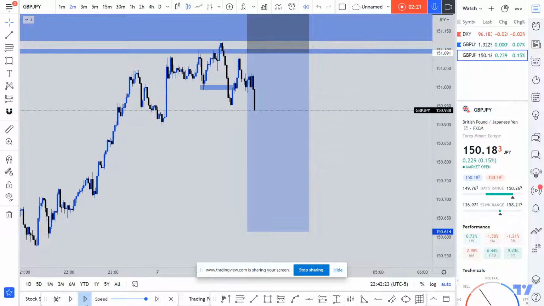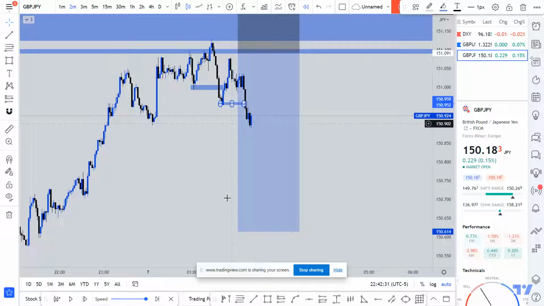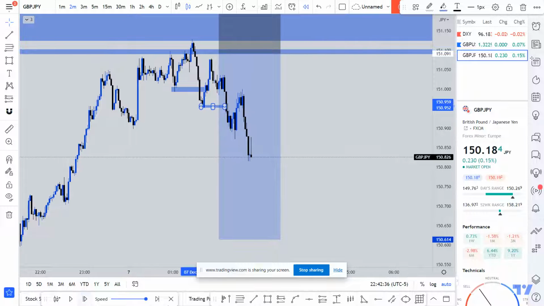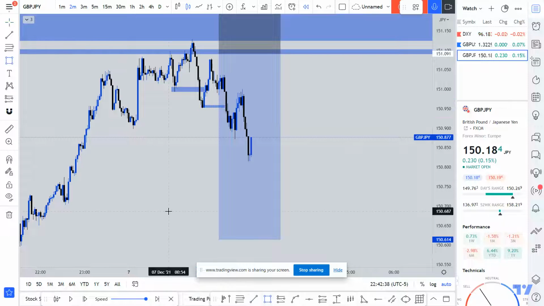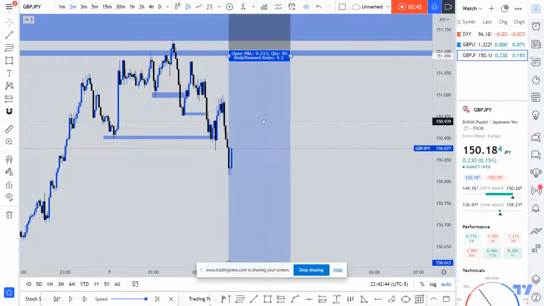All right, there's another break of structure around this level. Another break of structure on this level right here. All right, price seems valid.